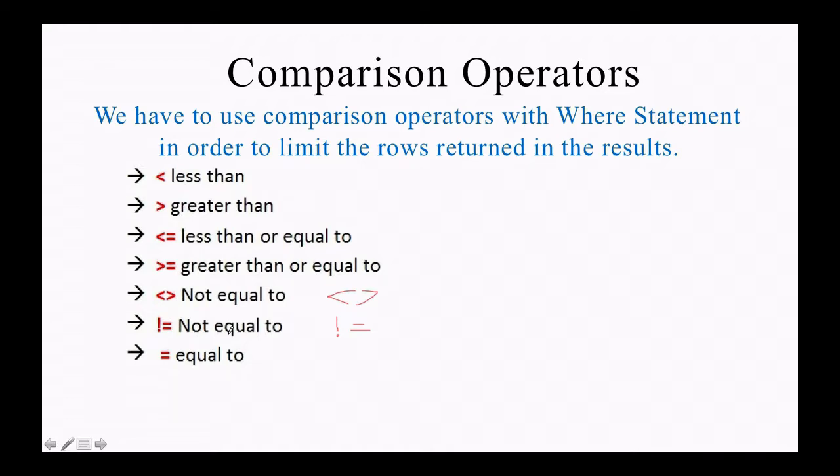We have to use comparison operators with the WHERE statement in order to limit the rows returned in the result set. So if you have 500,000 rows, for instance, and you only want the rows where some condition is true, then it's better to use a WHERE statement and get only that data.